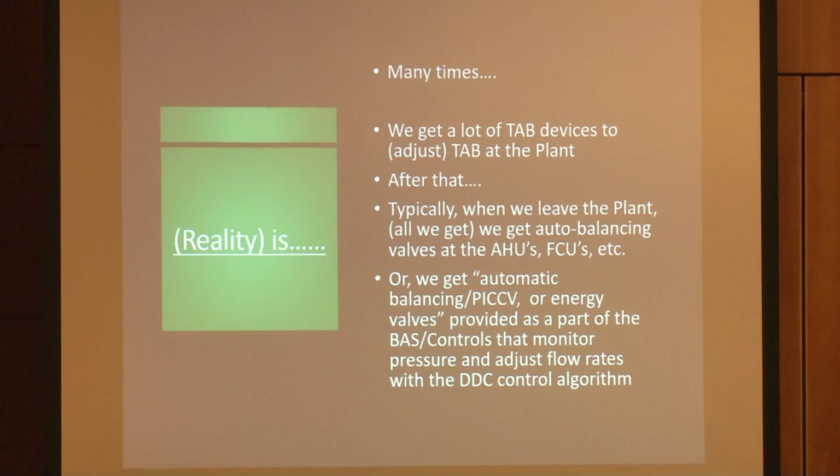So having to go to each individual branch and set that GPM flow is really not that necessary anymore. So the good news is for the TAB professional that the new technology is doing a lot of our work for us in advance. So it's happening.